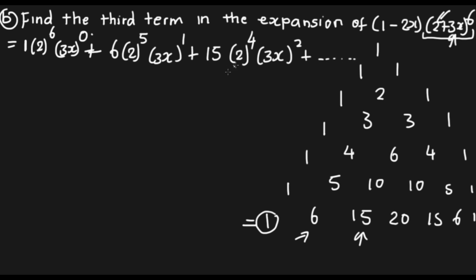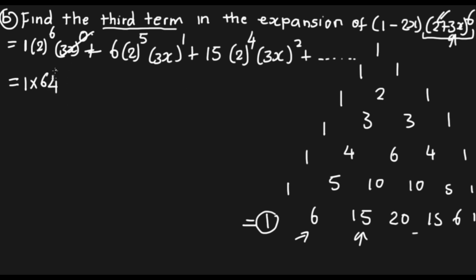The reason why I've ended at the third term is that it's very long if you are to complete it. So we just look at our third term since we are told the third term. That's our focus. So what is 2 raised to the power 6? 2 raised to the power 6 is 64.